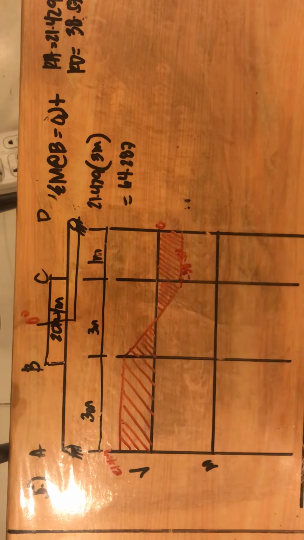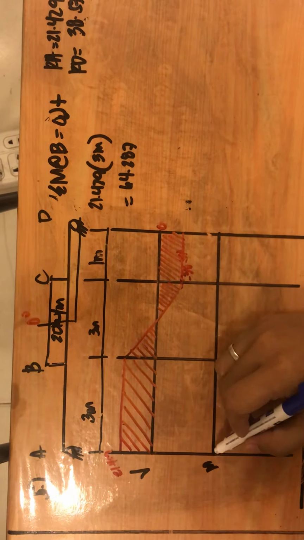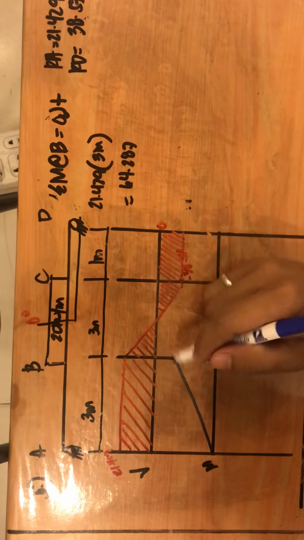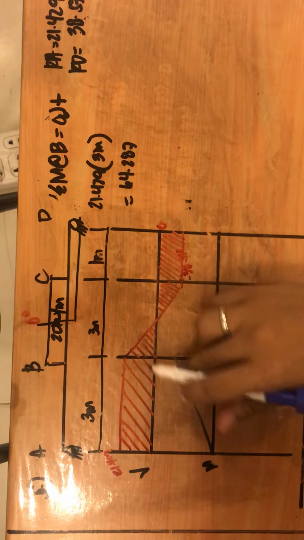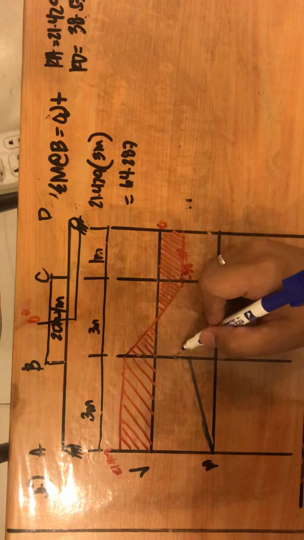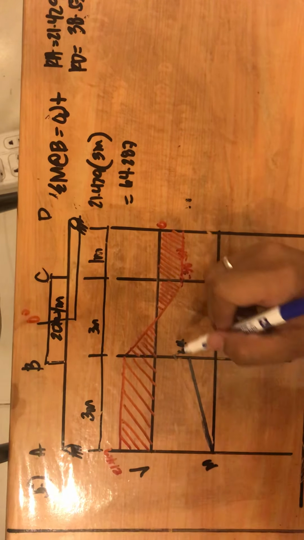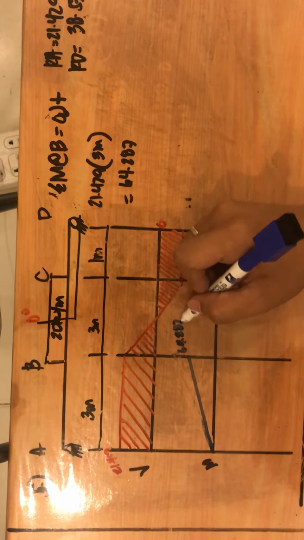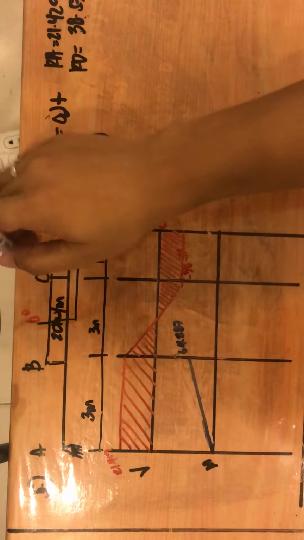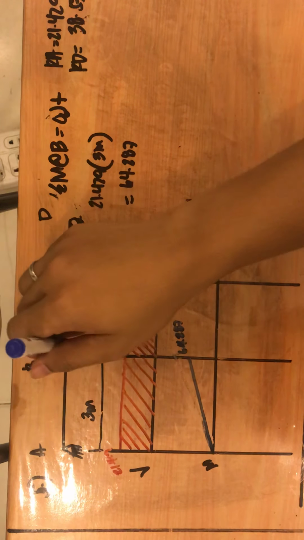From 0, meron tayong 64.287. Then next, from B to C, meron tayong uniform load.